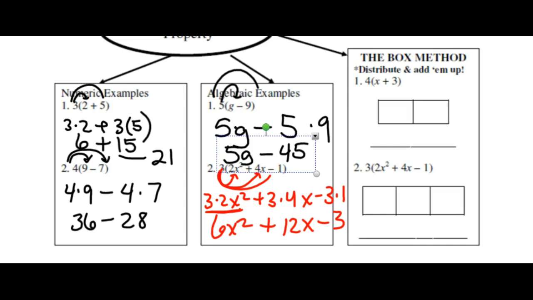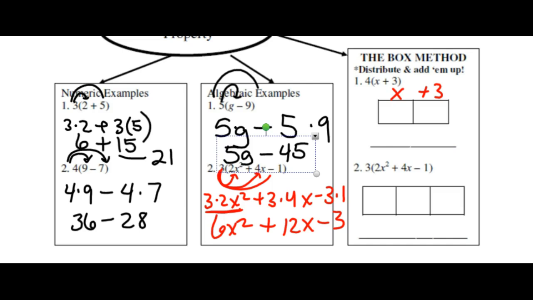Now, either one, numeric or algebraic, you could do the way that I just did there by distributing. Or if you're familiar with the lattice method, we could do it by the box method. So the box method, I'm going to write what's in parentheses across the top. I put an X over one box and a 3 over the other because there were 2 spaces.